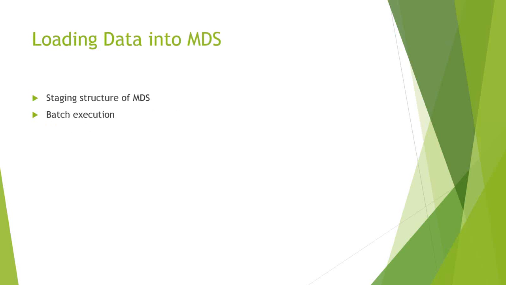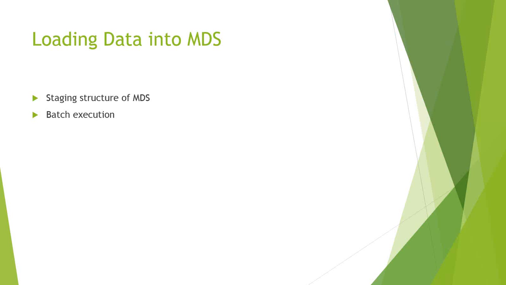So for loading data back to the MDS, which is actually importing data into the MDS, we use another structure, which is a staging structure. MDS 2012 has a different staging architecture than 2008 R2, and this is entity-based staging, which means there will be a staging table based on each entity in Master Data Services.